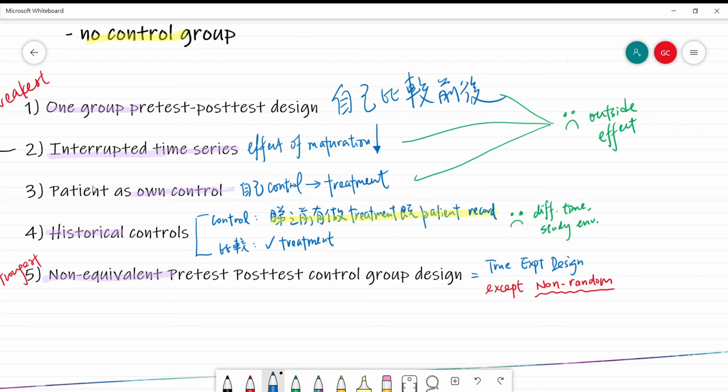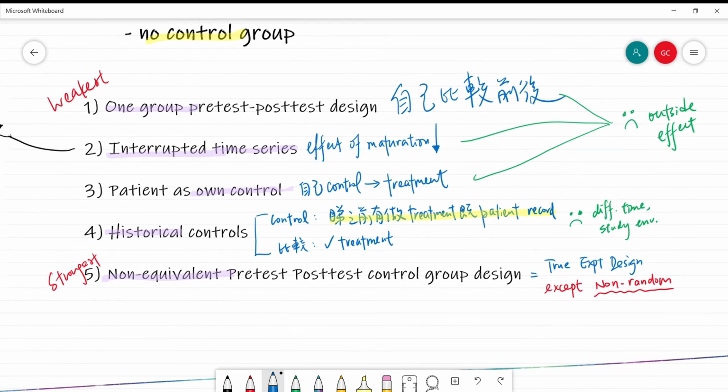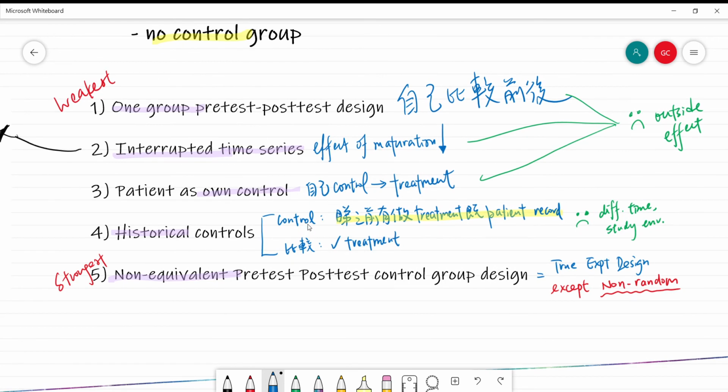The patients are first tested without the treatment, serving as the control group, and after the scientists have the result of the first measurement, they give the treatment to all the patients in the same group and measure again. This is called the patient as own control.